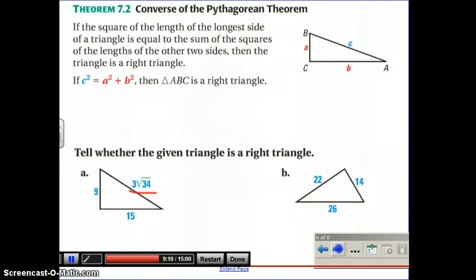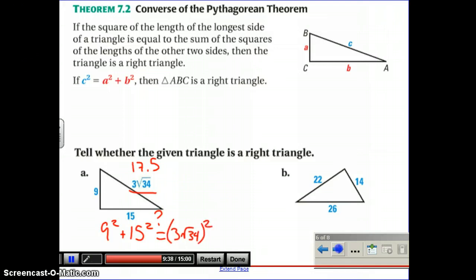Say you look at this and you're like, well, I don't know if 3 root 34 is indeed my longest side. Throw 3 square root of 34 in your calculator, and you can see that this is approximately 17.5, and it is the longest side. So, let's check. Is 9 squared plus 15 squared equal, and I put a question mark here because we're not sure yet, does that equal 3 root 34 squared?